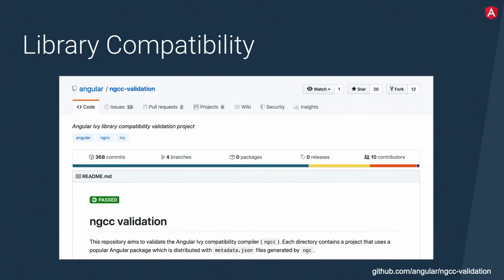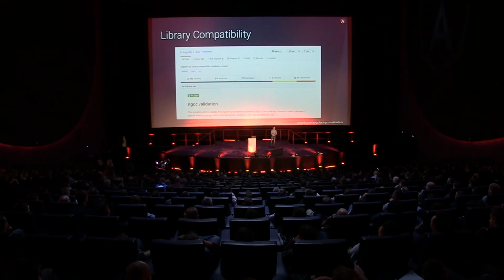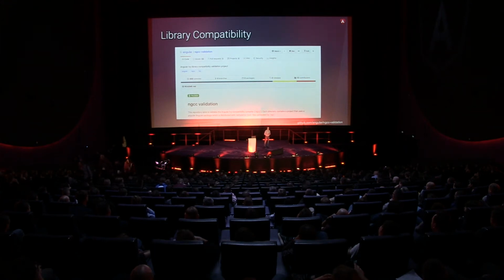So every time we push new code to master on GitHub in Angular, we're running our CI against all of the libraries in this validation repo to make sure that they successfully compile with ngcc, so they are successfully compatible with Ivy, as well as we run a bunch of end-to-end tests with them to make sure that they're working properly at runtime. Currently, we have over 160 libraries. Our build takes about 15 minutes, and 94% of them are compatible.